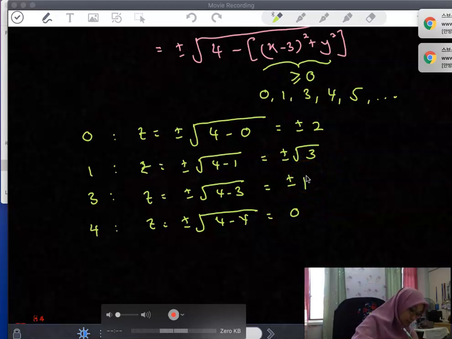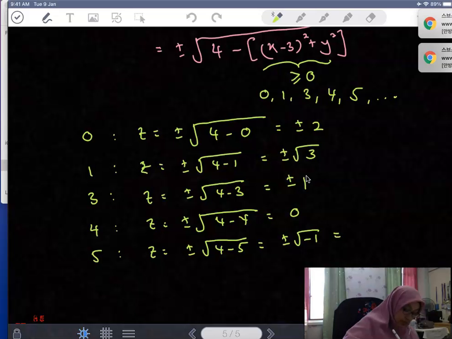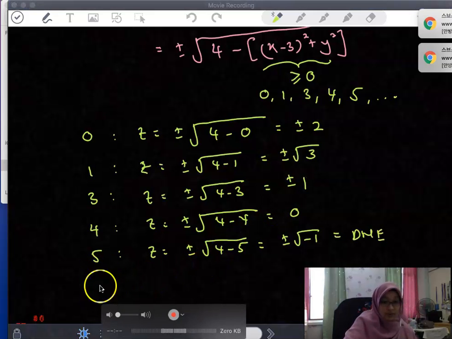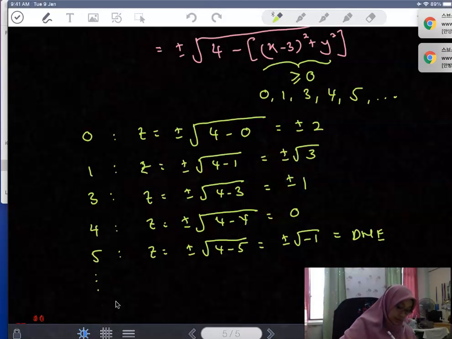But now if we put 5, or anything greater than 4, we have plus or minus the square root of minus 1, and the answer does not exist. If you increase the value inside the bracket beyond 4, you keep getting values that do not exist.